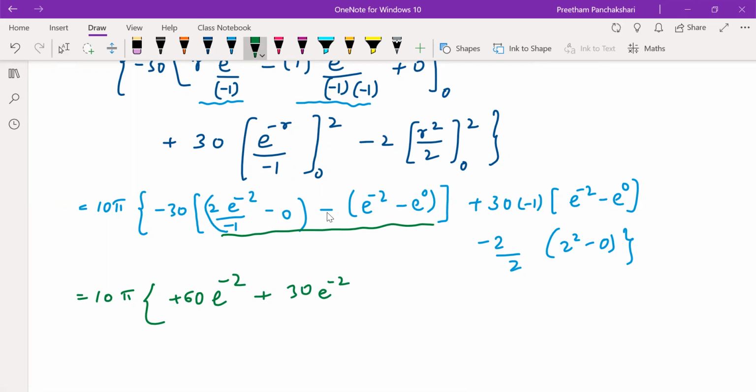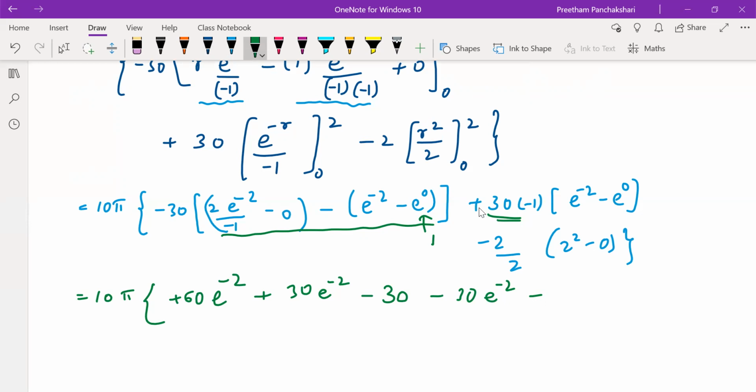This minus into minus plus, and here is one more minus, e power 0 is 1. So that makes it 30. e power 0 is 1, 1 into 30 is 30. Then here it is minus 30, this term, into e power minus 2, plus into minus minus.